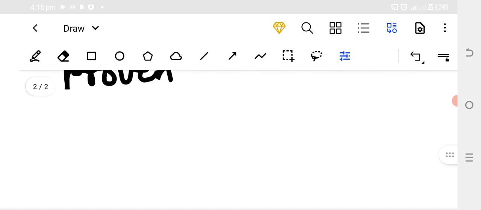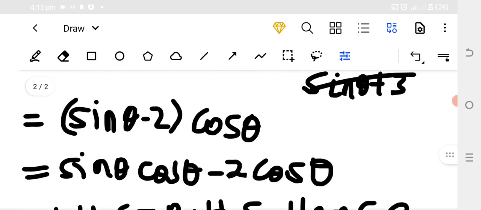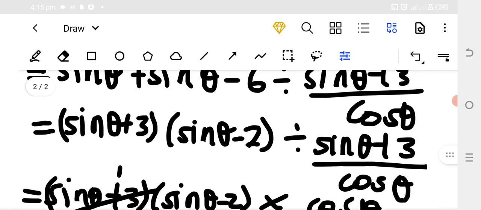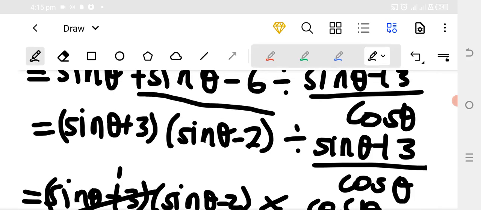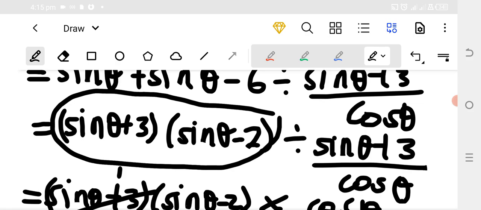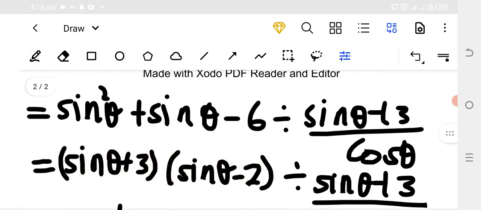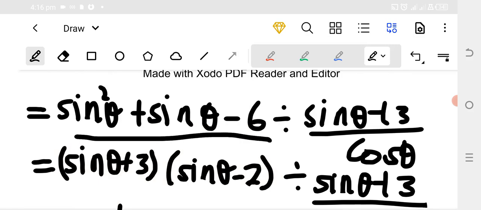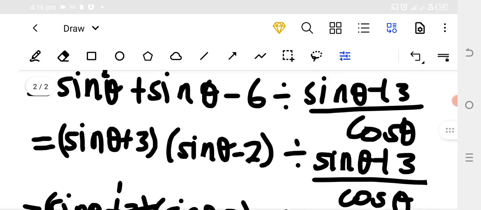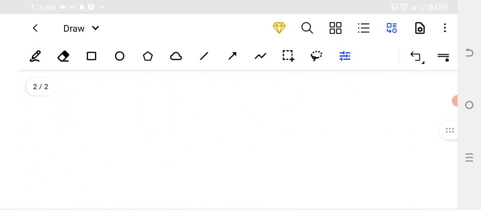Okay, so maybe you are a bit behind. Let me just explain what I did here, how I came up with these brackets, sine theta plus 3 and sine theta minus 2, from what we had over there.